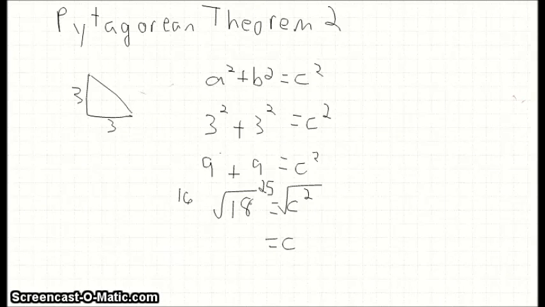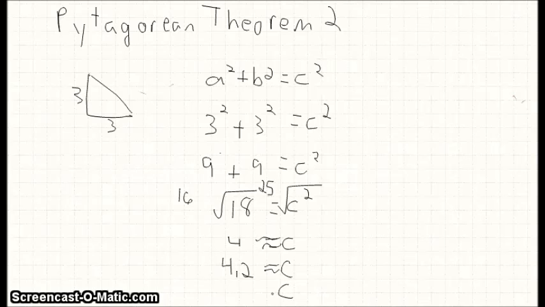So 18 is closer to 16, so we could estimate this as about 4. It's a lot closer to 16 than it is 25, so if you're trying to do a little bit better estimation, you could call it 4.2. That'd be close enough.